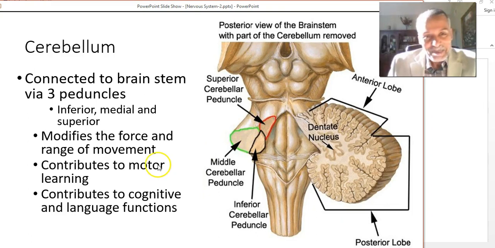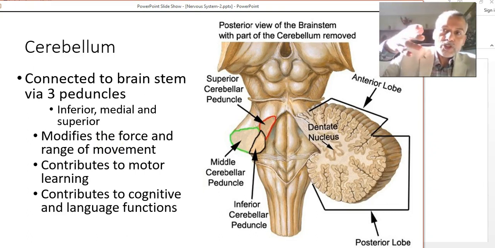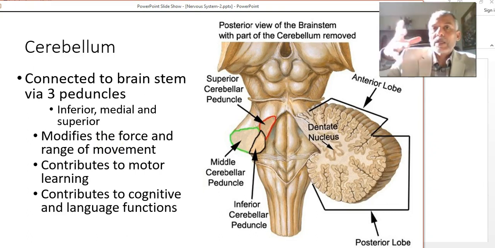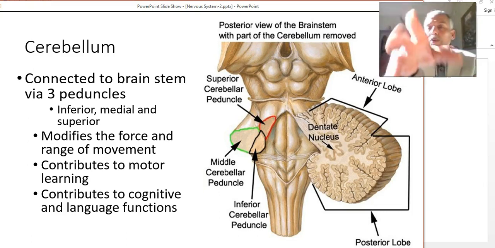So the major functions of the cerebellum are modifying the force of movement. Like, for example, you want to reach to get a glass. You need to make the movement slow enough so that by the time you reach the glass, you don't push it away.